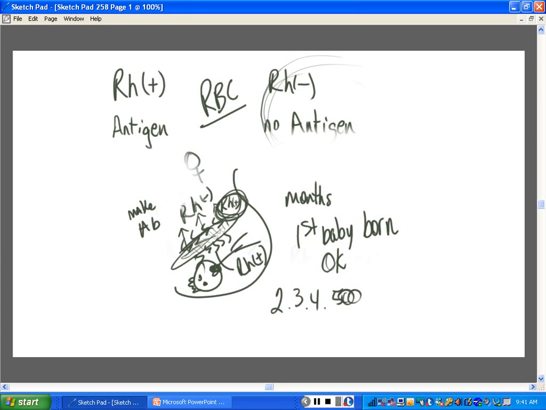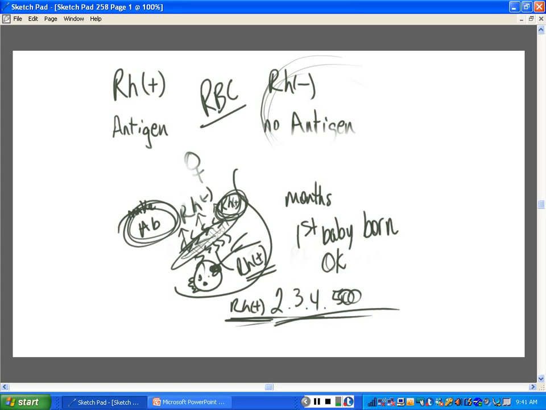Wow. That's a big uterus. Okay. Each subsequent baby, if they are Rh positive, then the mom already has these. Her body has the memory of that. As soon as the baby's blood gets up there, she cranks up her production really fast, and it harms whatever positive baby this is. Okay?